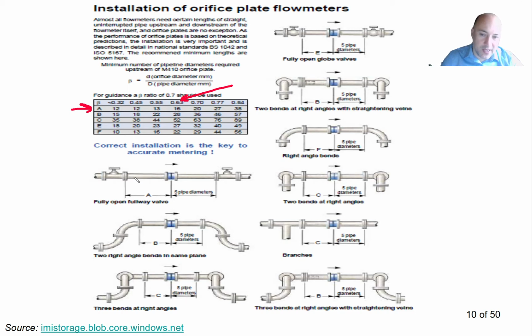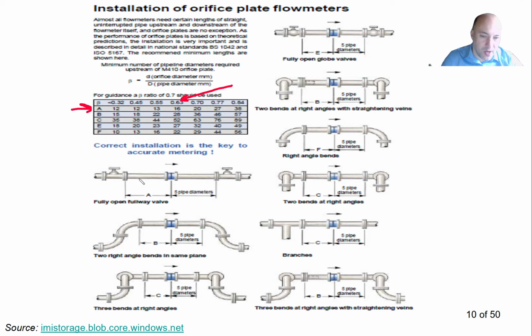So that might not seem that much, but if, for example, you would have a pipe diameter of, let's say, 10 centimeters, then this would need to be 1.6 meters.